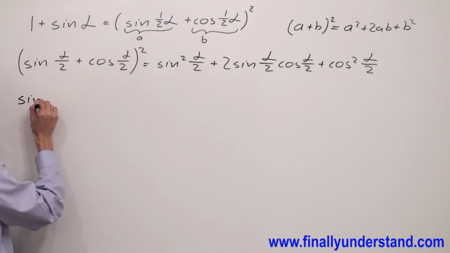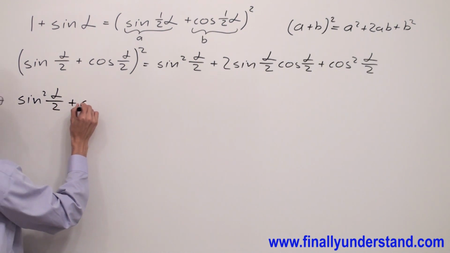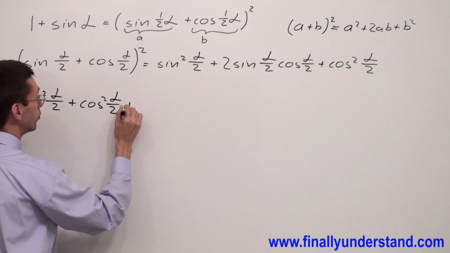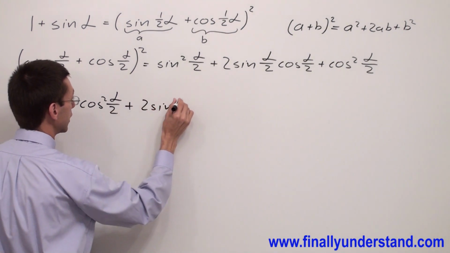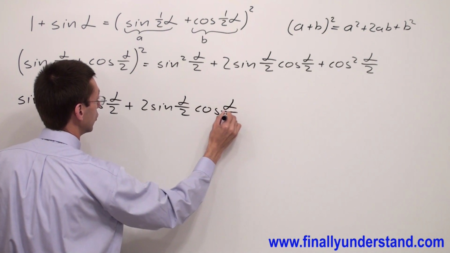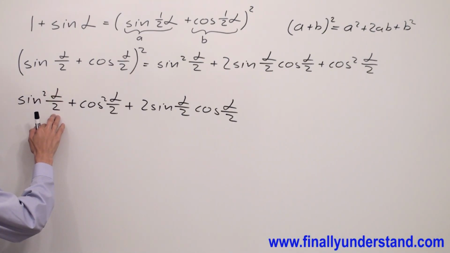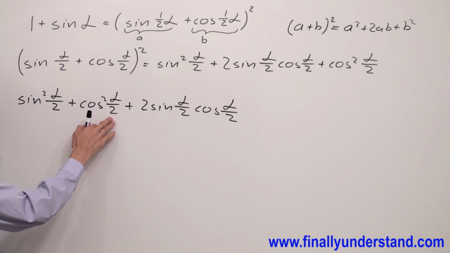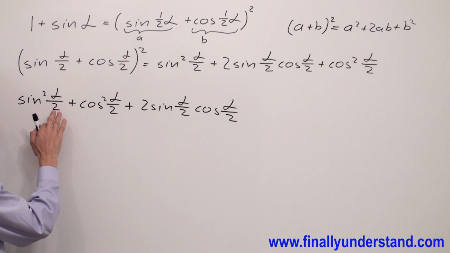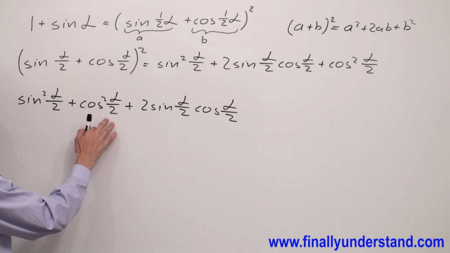I have sine squared alpha over 2 plus cosine squared alpha over 2 plus 2 sine alpha over 2 cosine alpha over 2. Sine squared alpha over 2 plus cosine squared alpha over 2 is equal to 1, because sine squared of an angle plus cosine squared of the same angle is equal to 1.